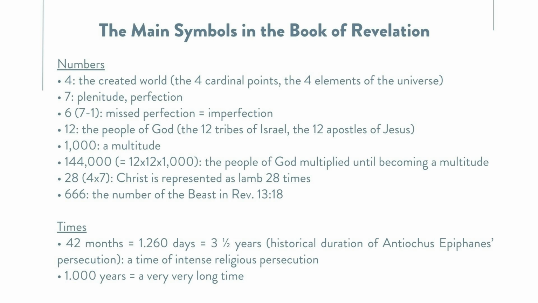To understand its meaning, we need to know that 3.5 years corresponds to the historical duration of the religious persecution of the Jews, unleashed by the Syrian king Antiochus Epiphanes in the 2nd century BC, more precisely from June of 168 to December of 165.